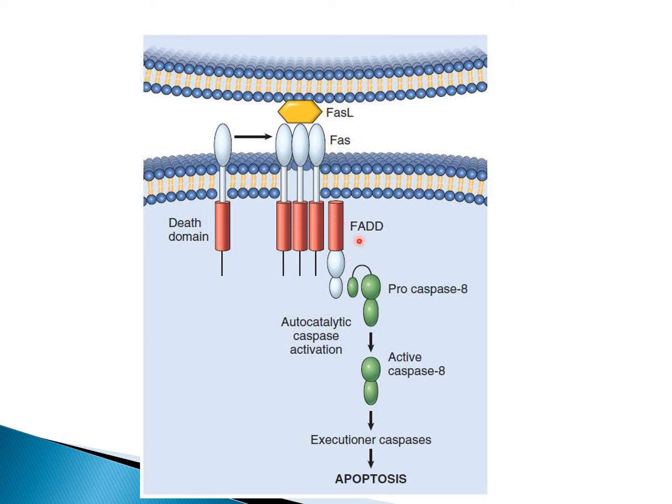This death domain will lead to activation of caspase 8, and caspase 8 will mediate some autocatalytic caspase activation that will lead to activation of the executive caspases at the end and the process of apoptosis.